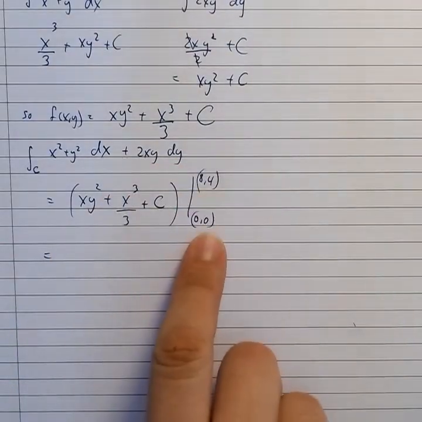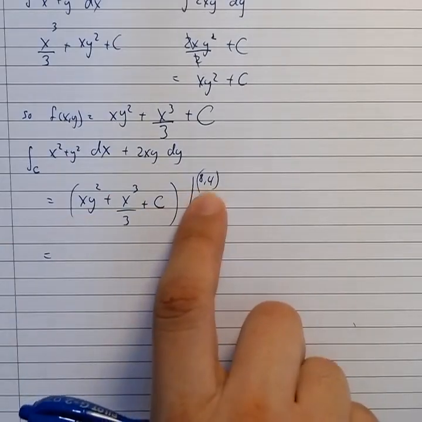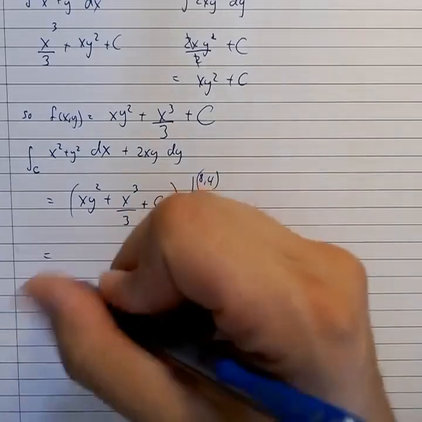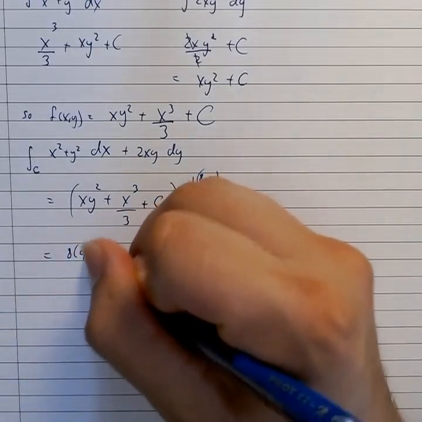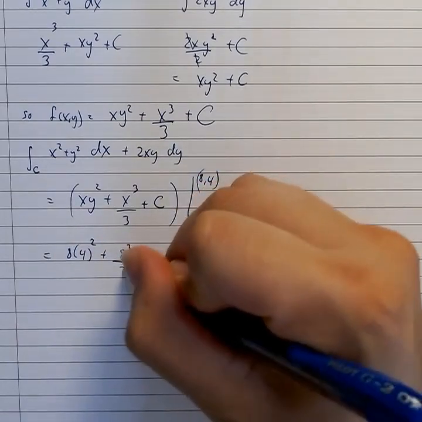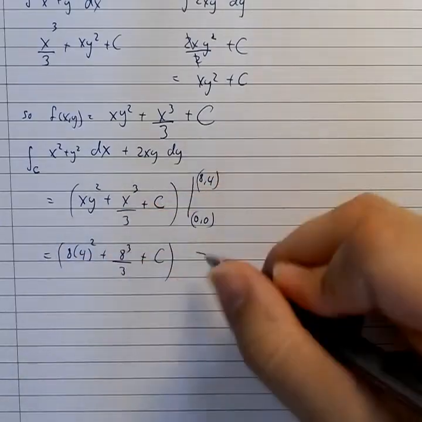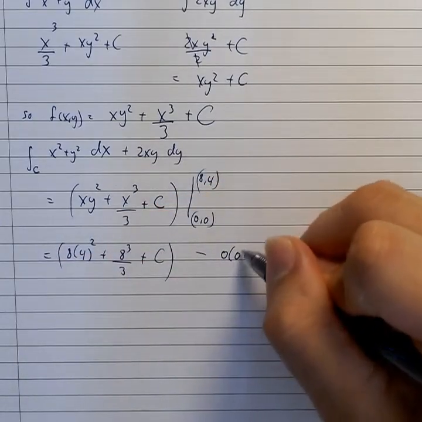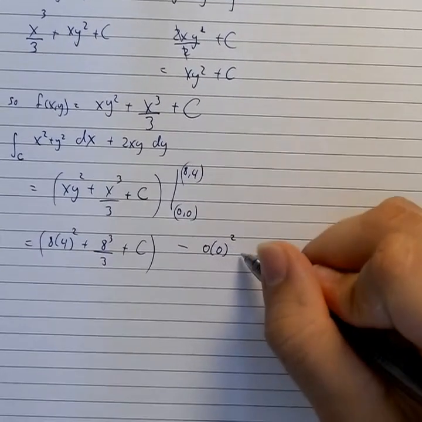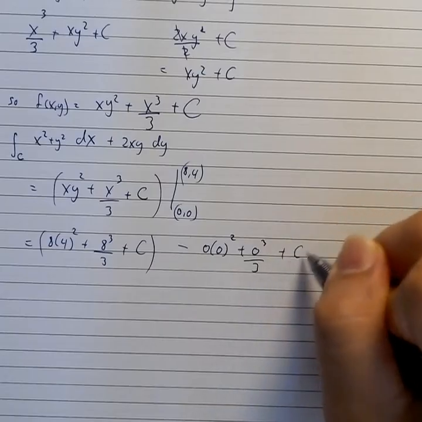Let me start with this one. If I plug in 8, comma 4, that's going to be 8 times 4 squared plus 8 to the third over 3 plus a constant, minus, and now I plug in 0 here, that's going to be 0 times 0 squared plus 0 to the third over 3 plus a constant.